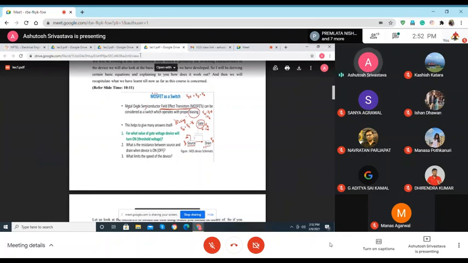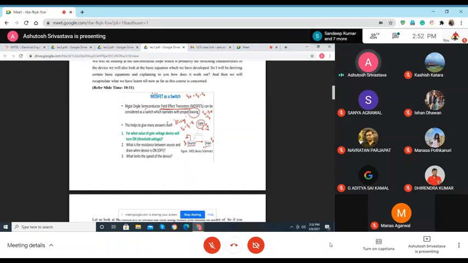So this will help you answer things like the gate voltage of a device: when do you turn it on and when do you turn it off? In a simple PN junction, you have external biases which change the depletion width depending upon the bias.